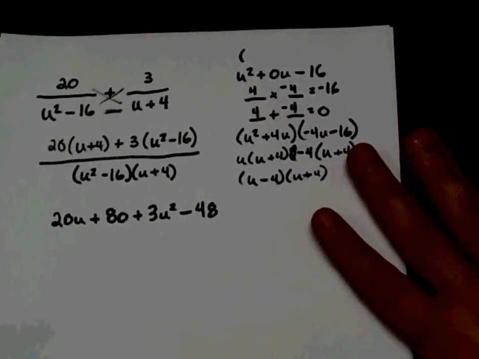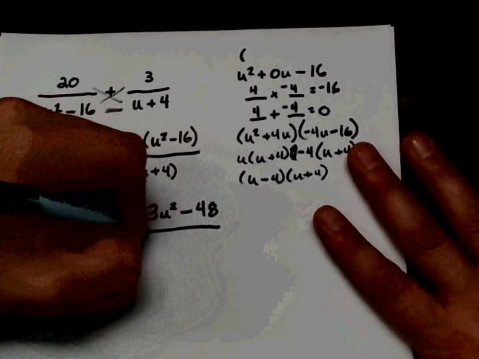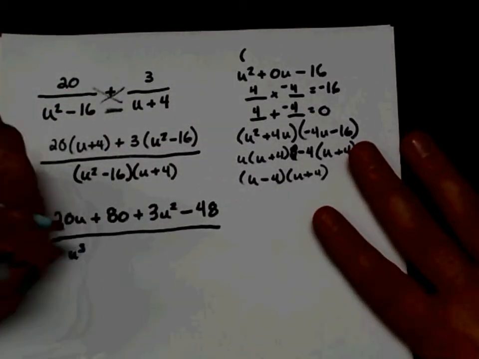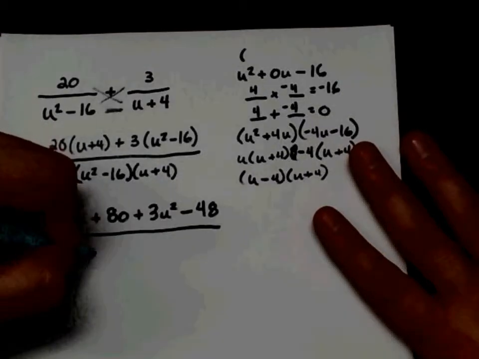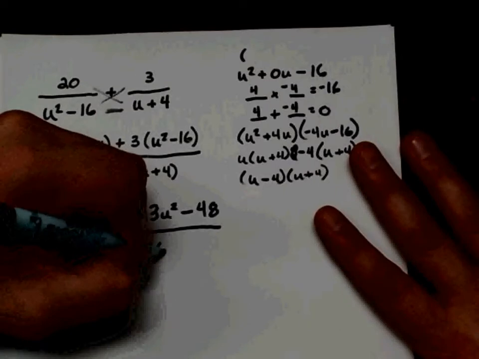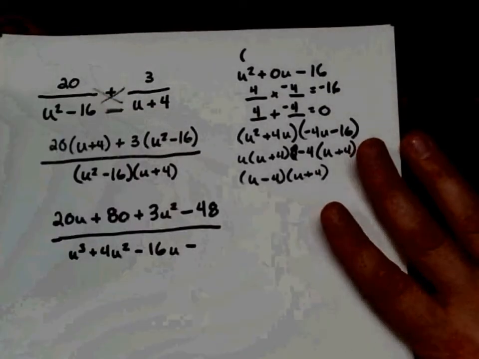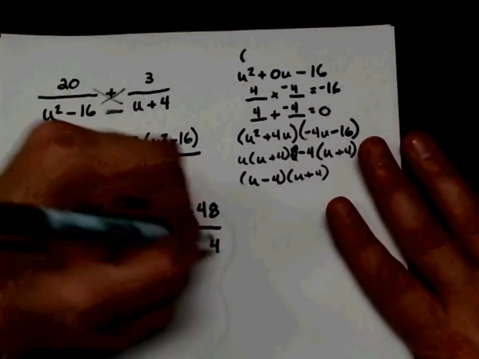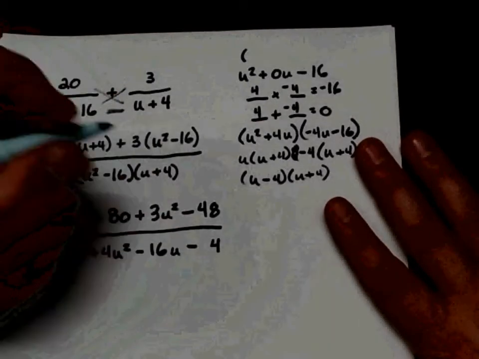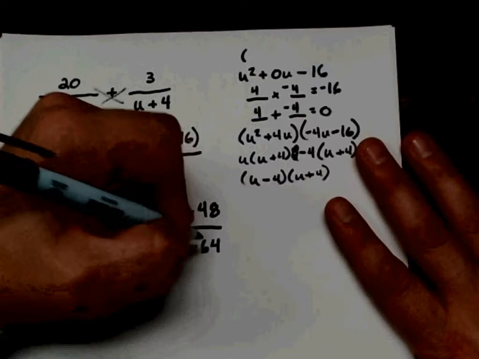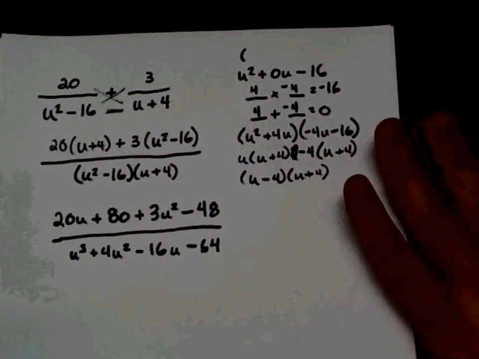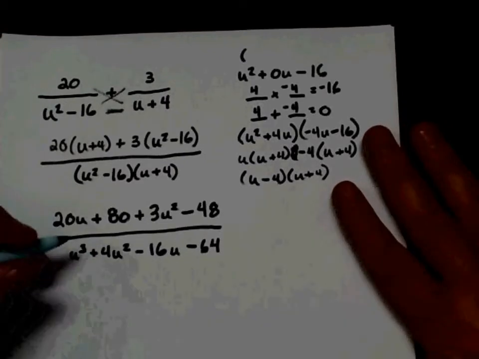Okay, and so on bottom, when I distribute, I'm going to get u to the third plus 4u squared minus 16u minus 64. All right, and so now I'm going to combine my like terms, and then I'm going to simplify.